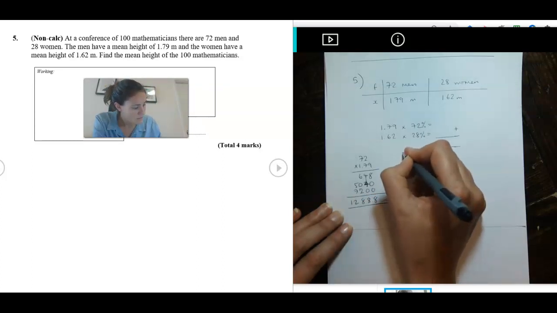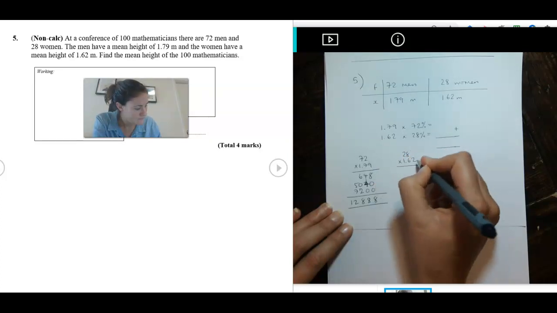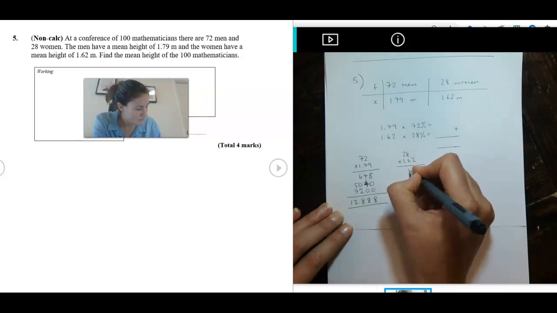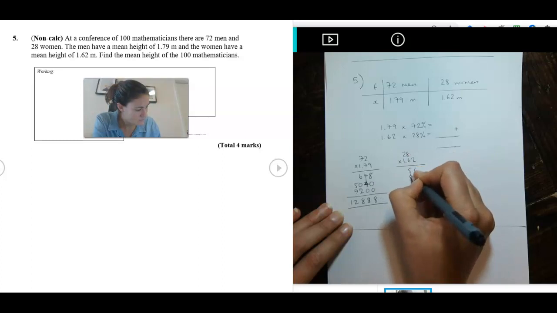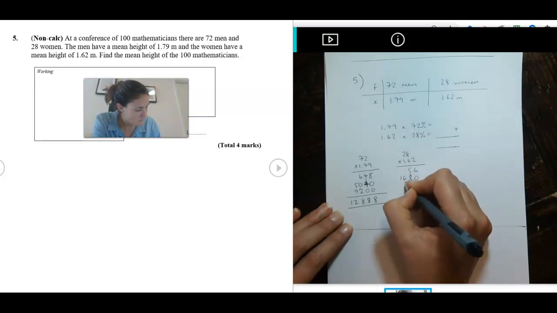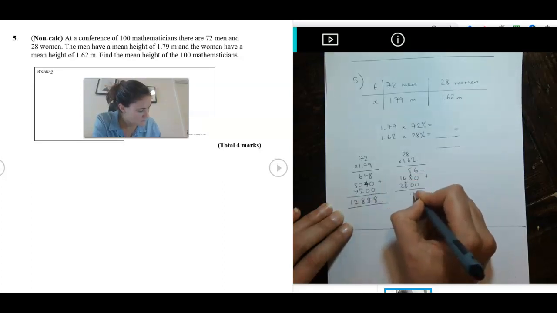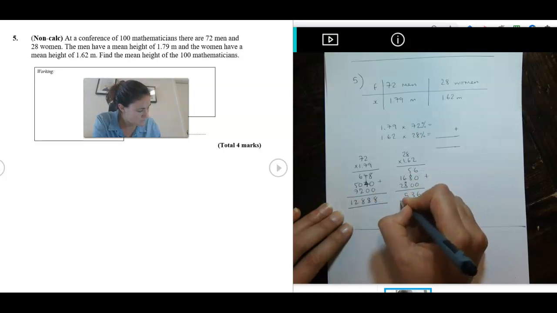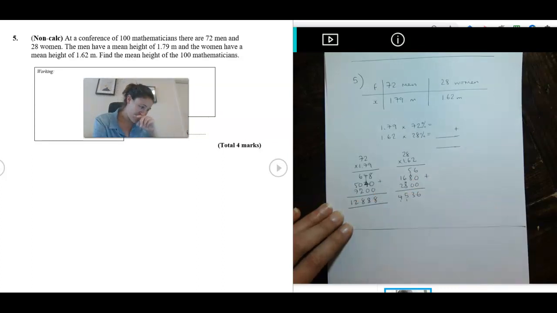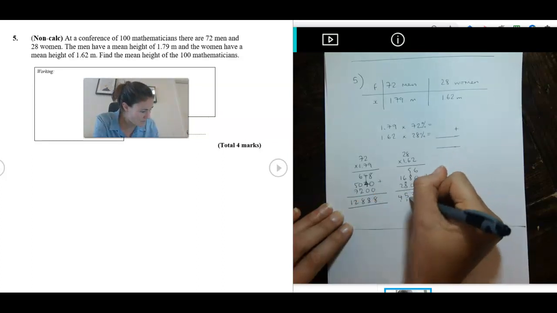Then our second one, you've got 28% times 1.62. Add those up. Okay, so I should really put the decimal point back in here.